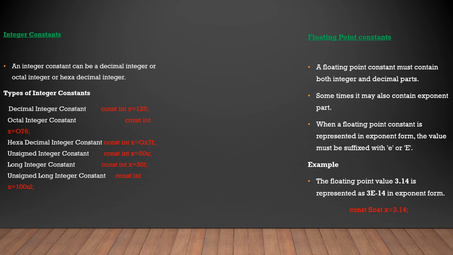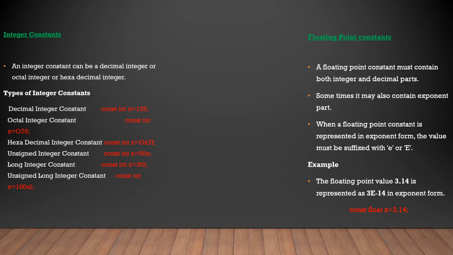Decimal integers can be any digits from 0 to 9. Octal integer constants can be any digits from 0 to 7. And hexadecimal integer constants can be any digits from 0 to 9 and A to F. We always write the hexadecimal digits as 0x7F. See here, this is the notation to represent the hexadecimal digits.